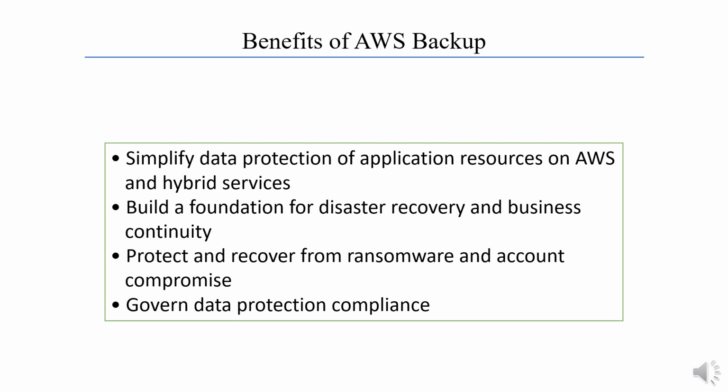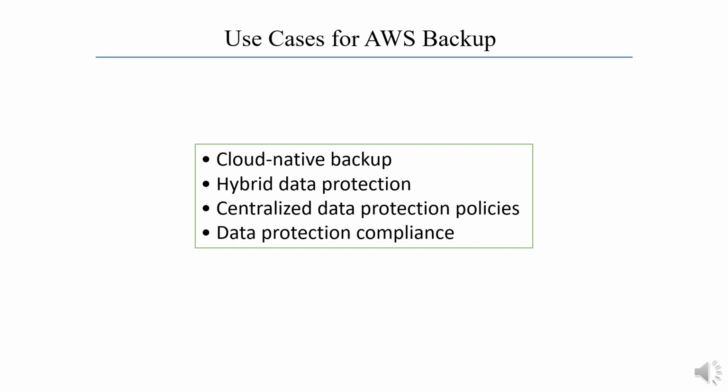Protect and recover from ransomware and account compromise. You can create immutable backups and use logically air-gapped vaults as part of a defense-in-depth strategy. Govern data protection compliance. You can monitor, audit, and report on data protection policies and operations using real-time analytics and insights.